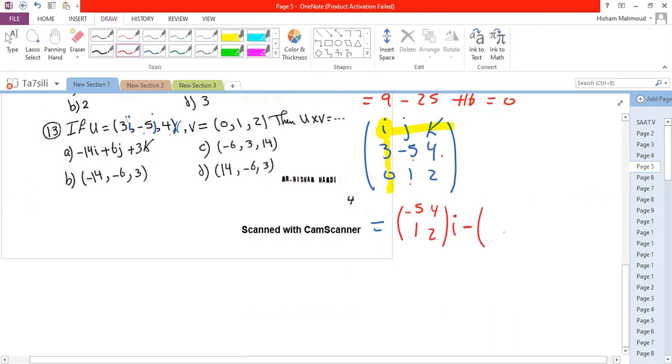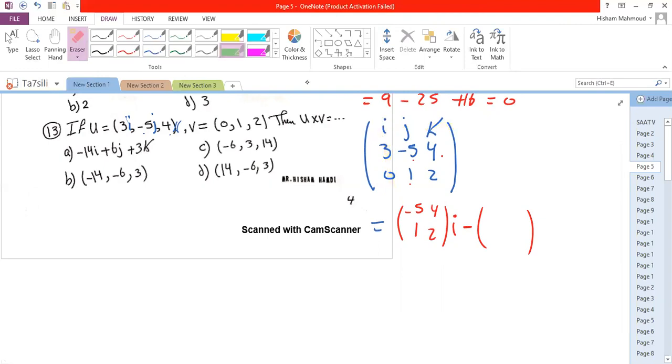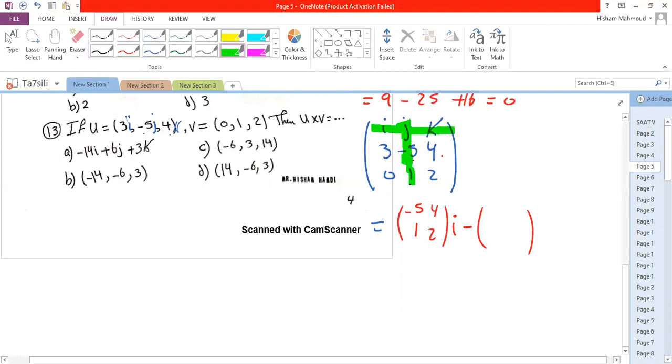Minus, and it's always minus, when I'm erasing this one and canceling the first row with the second column, the remaining matrix is 3, 4, 0, and 2 in j.